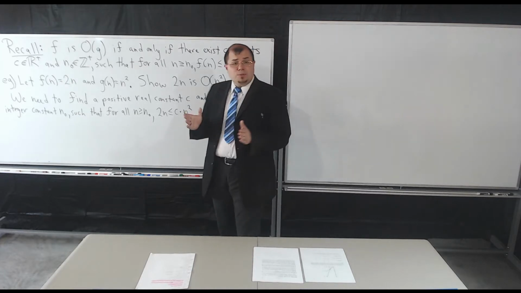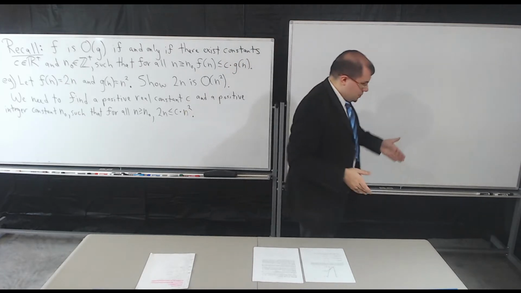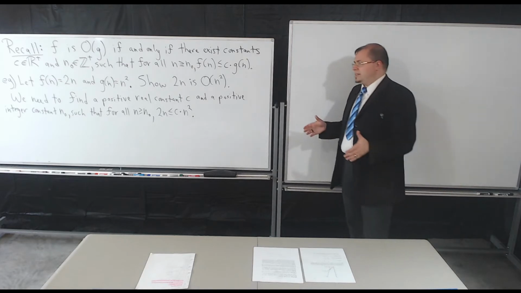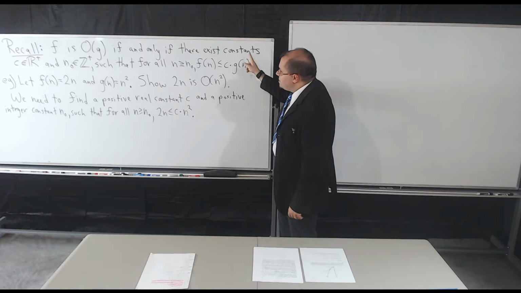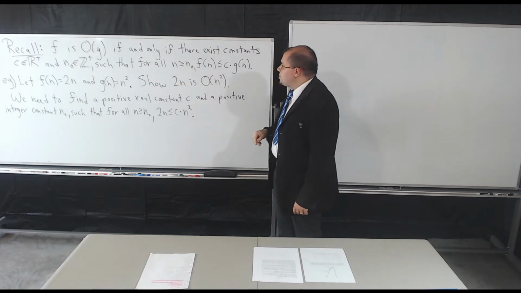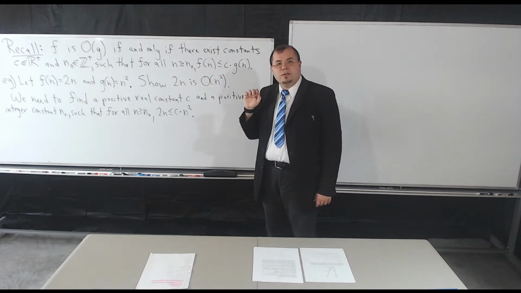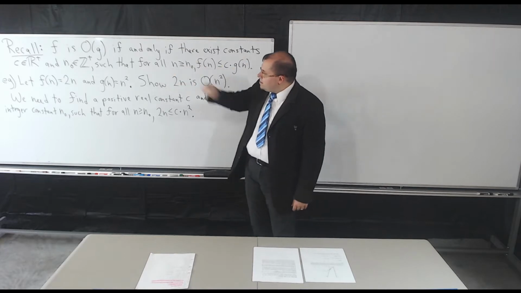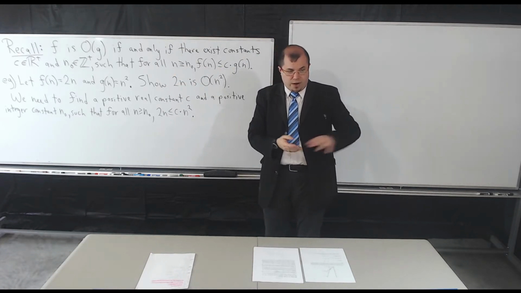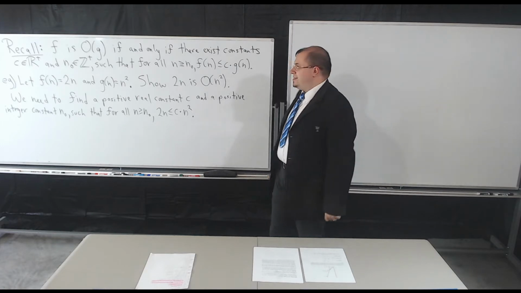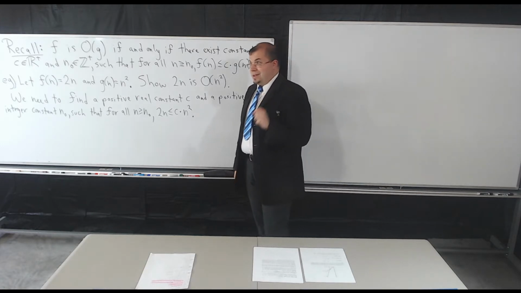So what's the game plan? I like to lay out the game plan for which we're going to try to prove these claims. Remember, the definition says that there exist constants c and n0. c has to be a positive real constant, and n0 has to be a positive integer. That means 1, 2, 3, 4, 5, up as big as you need. Not 0 though, because it has to be positive.